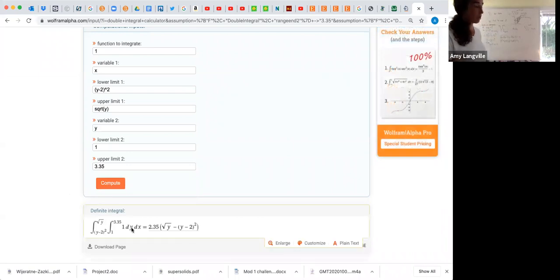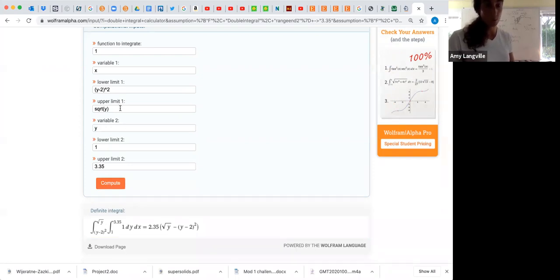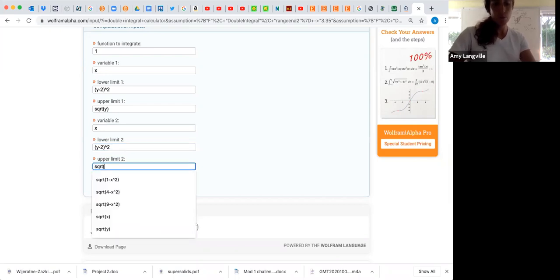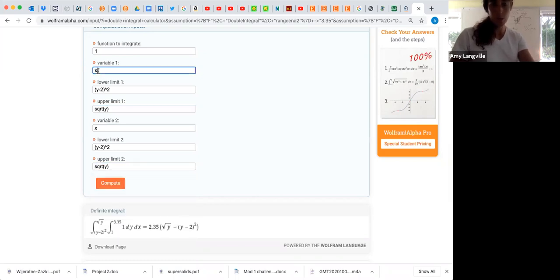Check that it did the right order, and it did not. I always get this one mixed up. What it calls variable 1 or variable 2 isn't intuitive to me. I wish it would say inner variable, outer variable. So I need to flip-flop this and say that x goes from y minus 2 squared to square root of y, and then y goes from 1 to 3.35.